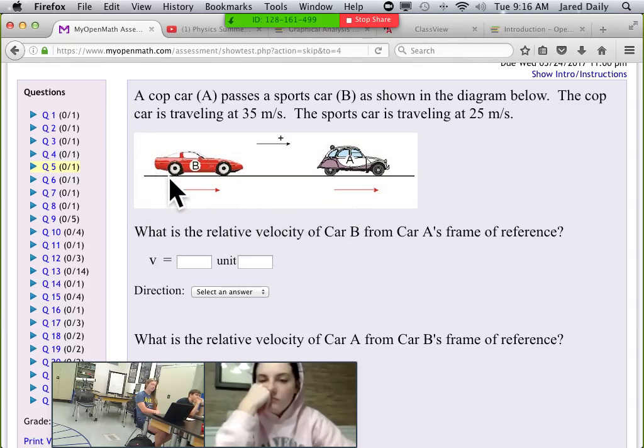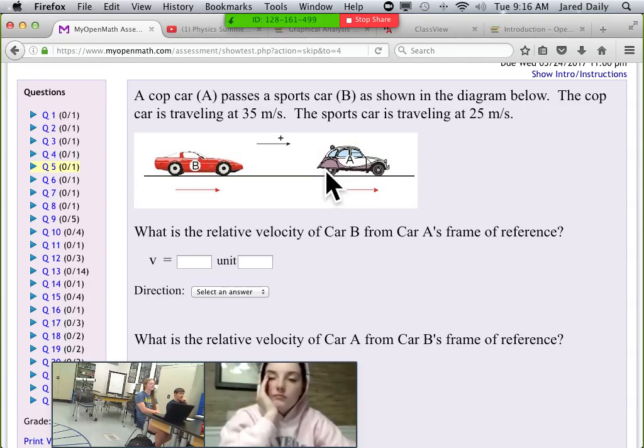So this is like seeing a plane that's going by at 25 meters per second, and seeing a person on that plane going 35 meters per second. So how fast would the person on the plane be going relative to the plane? They would actually be going 10 meters per second faster than the plane was, right?